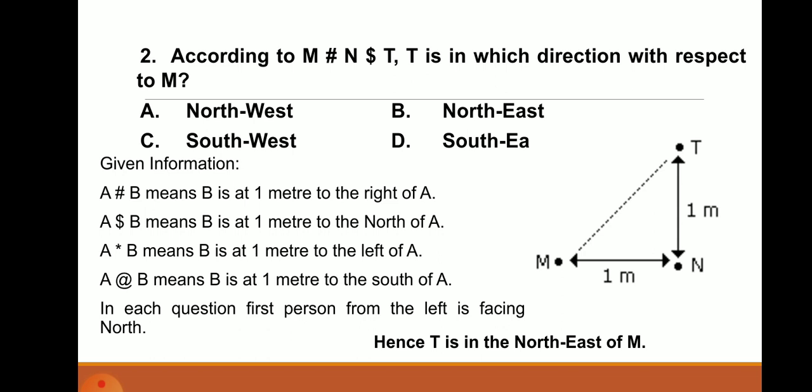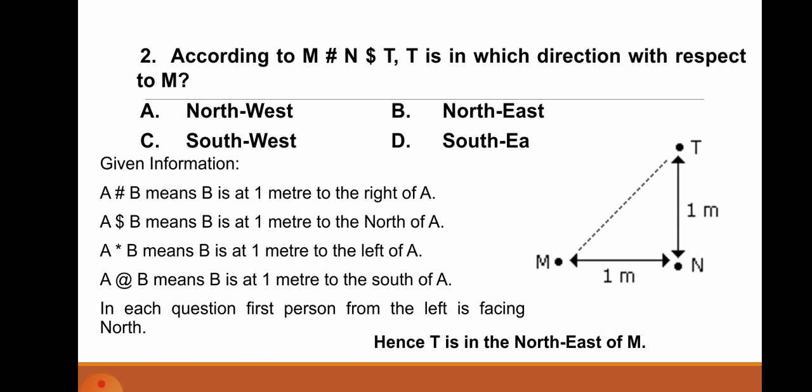So first plot the M point. From M towards the right, the N point will be there at 1 meter distance. So I have got M and N points, and in the instruction it is given that in each question, the first person from the left is facing north. So M is facing north and his right will be the east direction. So from M, N is towards the east.